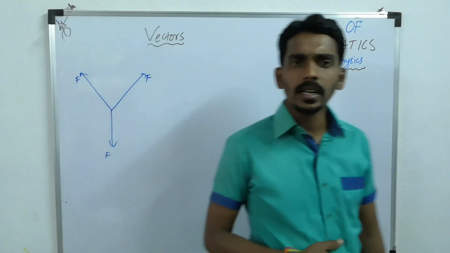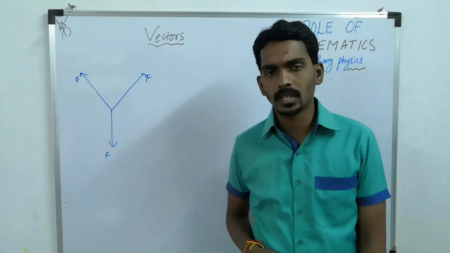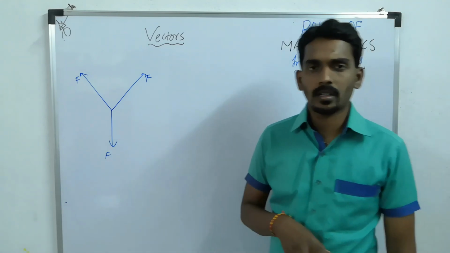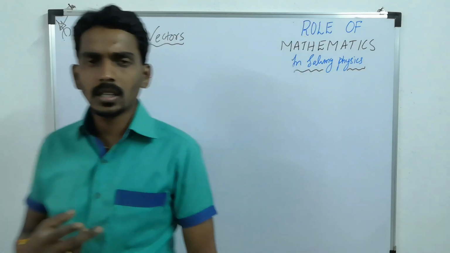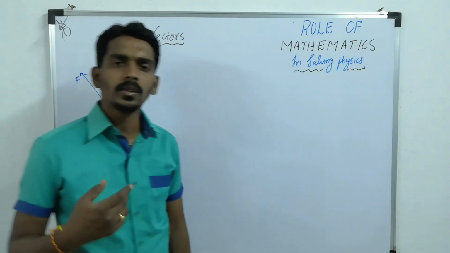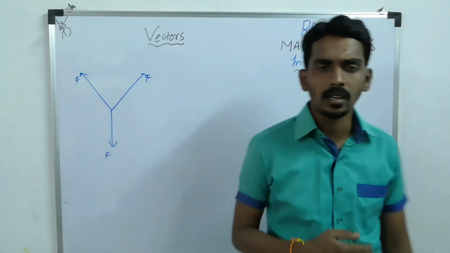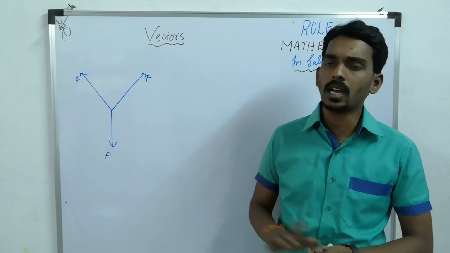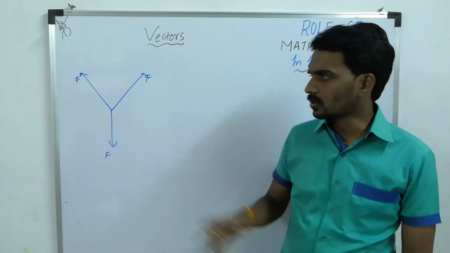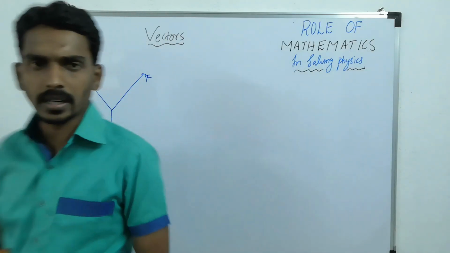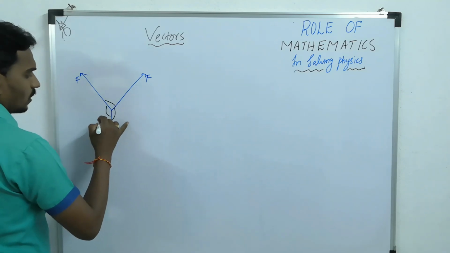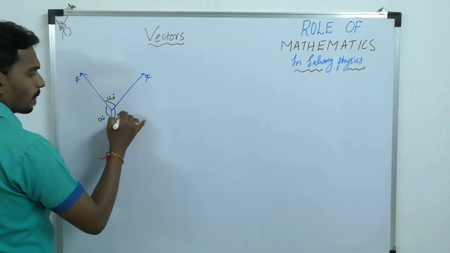Then what is the resultant gravitational force at the centroid, on whatever mass is placed at the centroid? Or in electrostatics, three charges are placed at the three vertices of an equilateral triangle. Then what is the resultant force on a fourth charge placed at the centroid? In such situations, you will get three vectors with an angle of 120, 120, 120 between them.